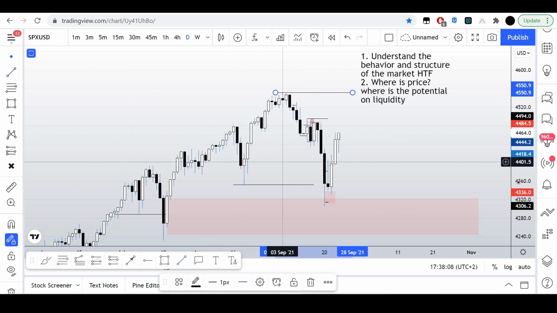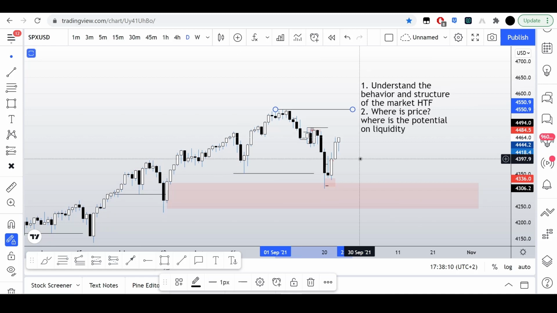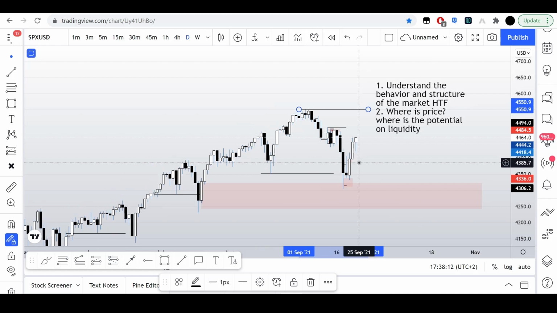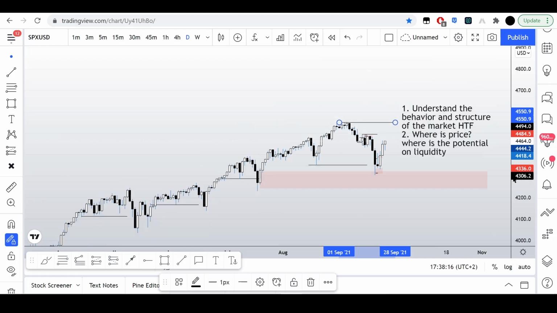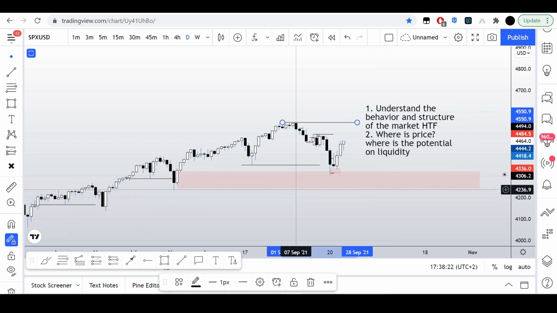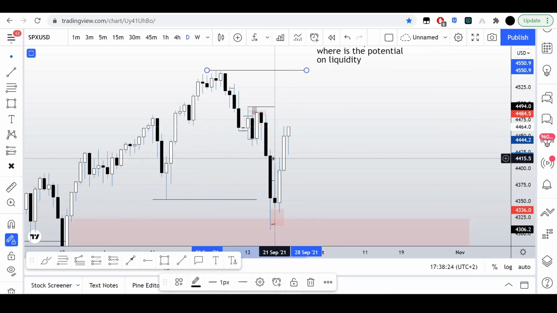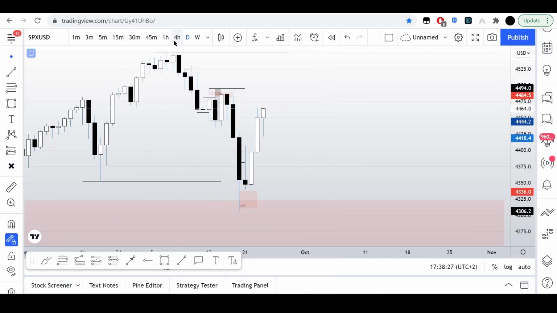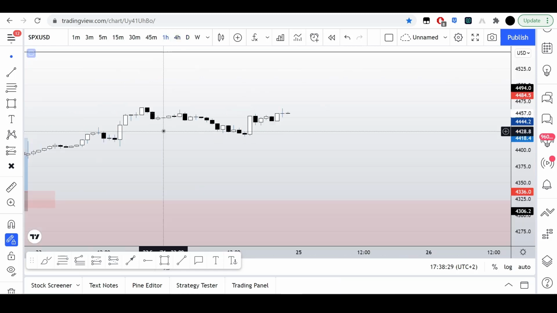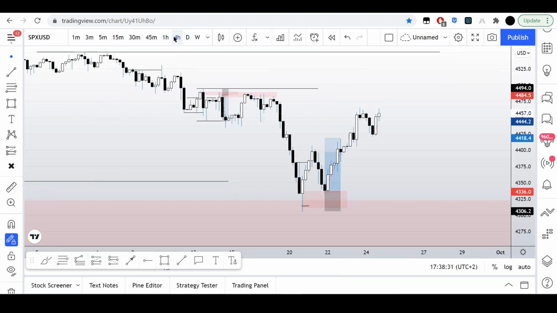Because we understand the higher time frame behavior and structure of this specific pair, right? So every time we came into an area of discount, what did we do? We run higher. Discount, run higher. Discount, run higher, right? So our first draw on liquidity would be these highs up here.